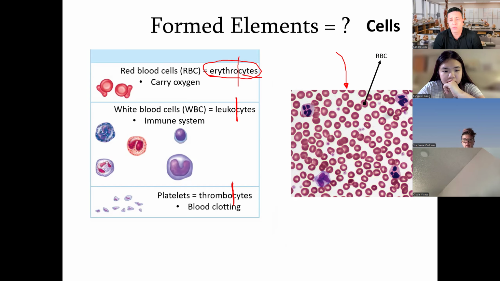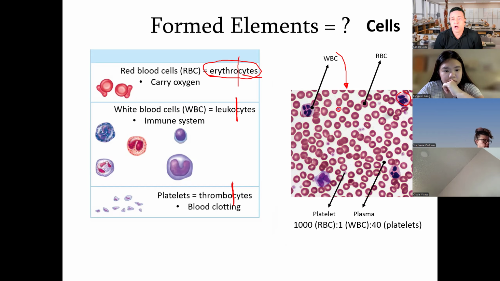So we can see how many we have there. They're a much, much higher number than any other cell in the blood. We can see the white blood cells, which are these bigger cells right here. And then we can see these smaller little fragments of cells, and these are the platelets. Okay, and they're all floating in what? They're all floating in our plasma.